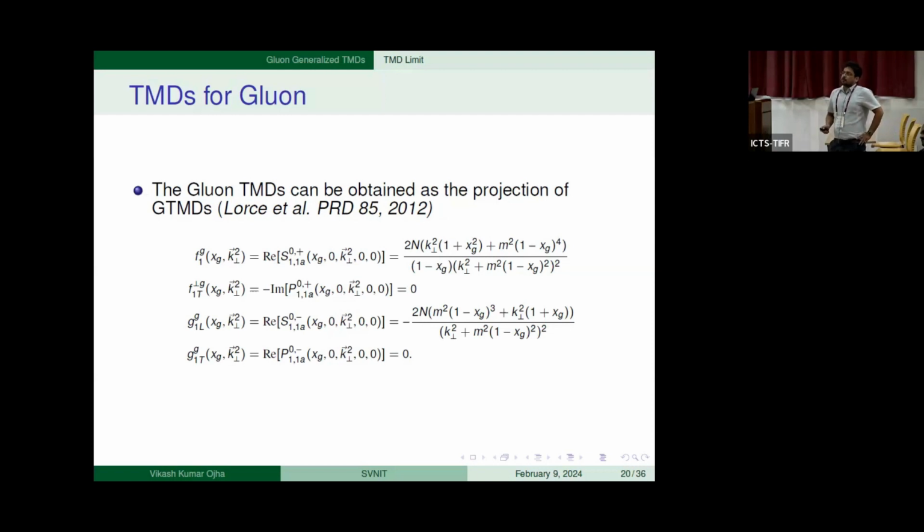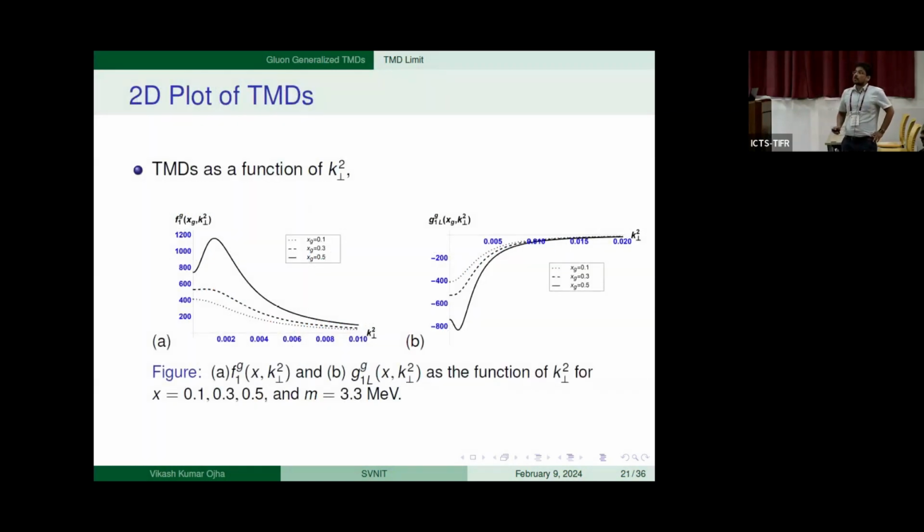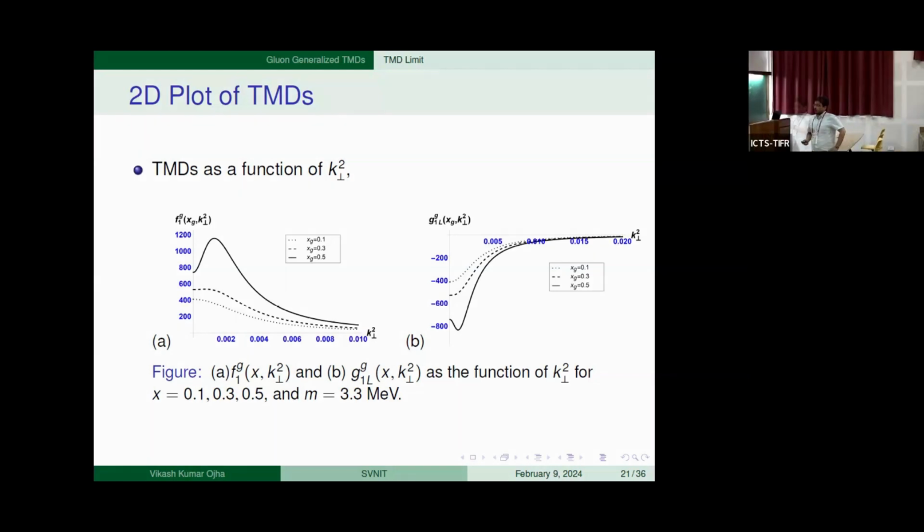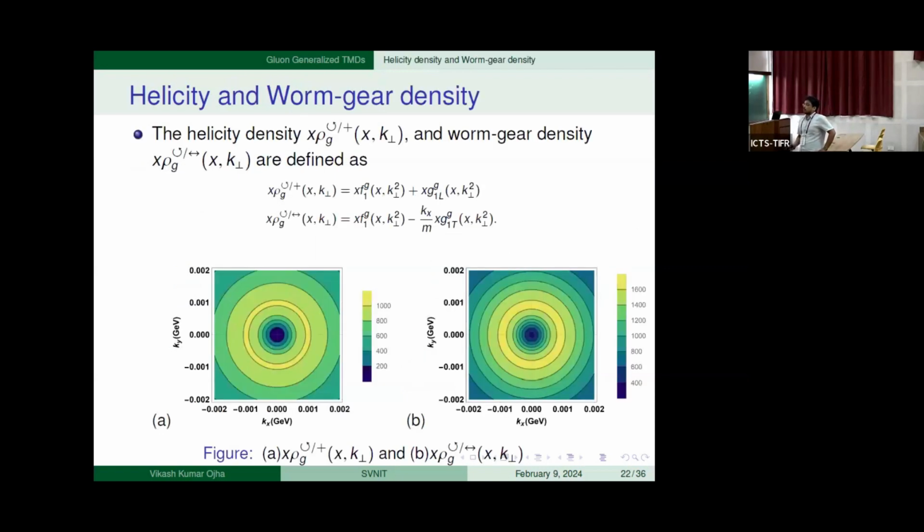We find that 2 of the TMDs are 0 in this particular model. Here we have plotted this TMD as a function of k-perp. We see that the magnitude is maximum for very low values of k-perp, and for higher values of k-perp it goes to 0 significantly.